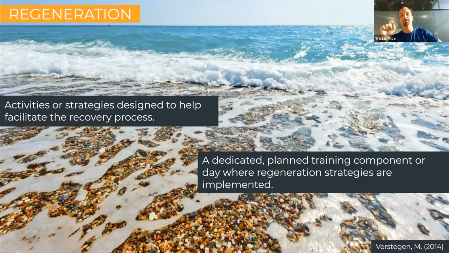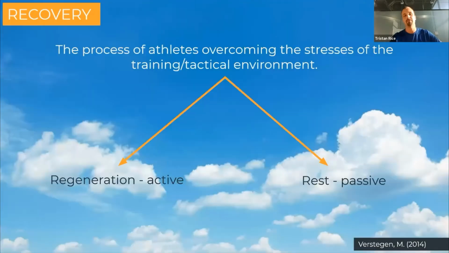When we look specifically at regeneration, then we understand that there are different categories of skills and strategies that we can employ, that we have at our disposal. Because here we think about regeneration or recovery as the process of athletes overcoming the stresses of the training or the tactical environment, right? And these are again things that we're going to do specifically to facilitate that process.